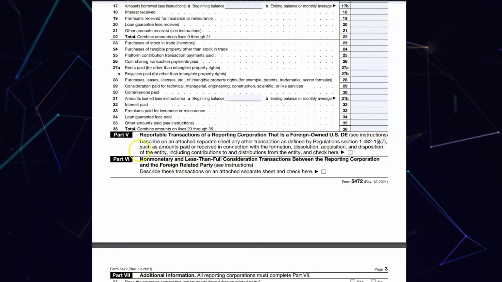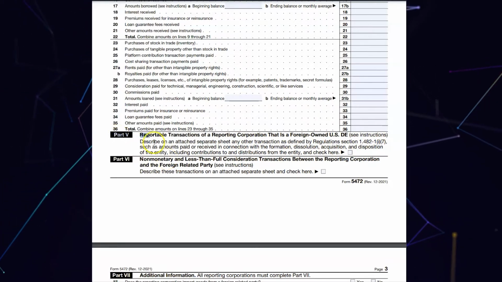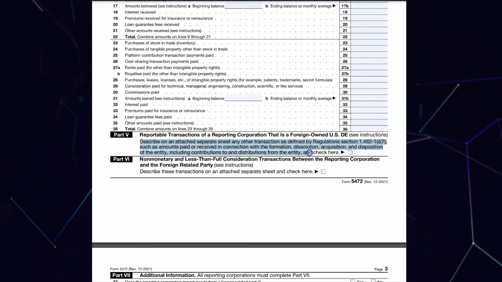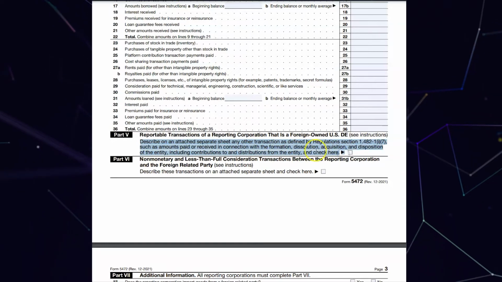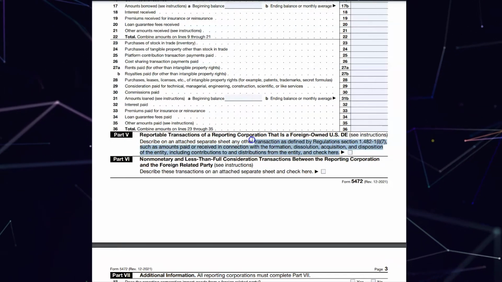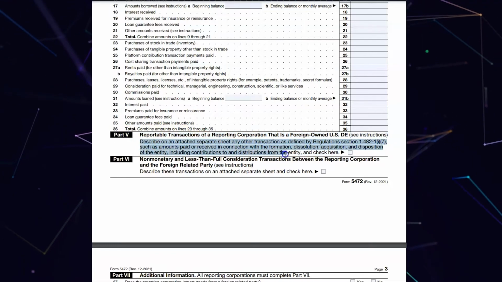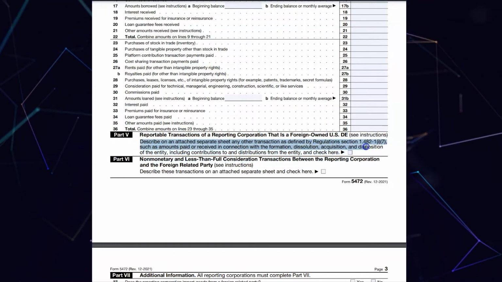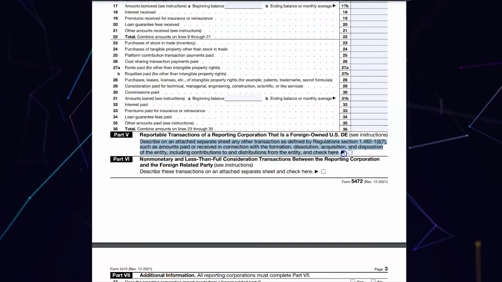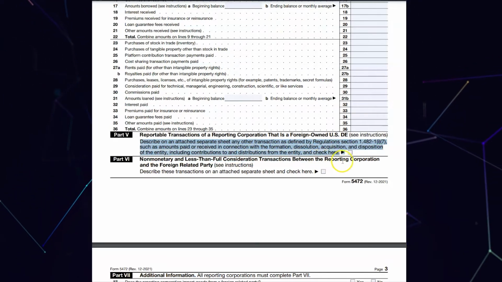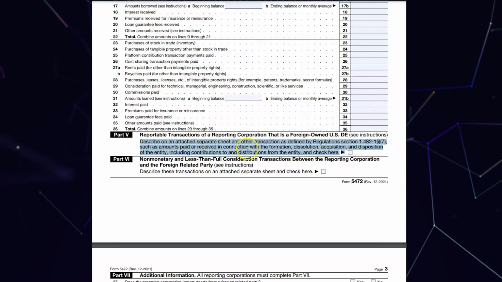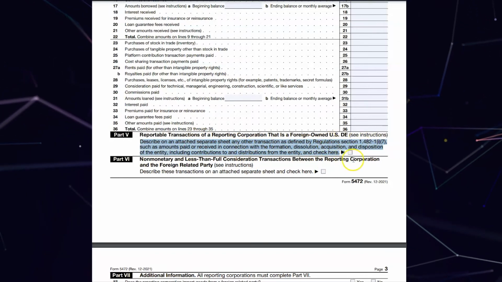Now, as you can see from this part, these transactions are very broad. So it's very difficult to have an LLC that doesn't have these transactions. This box covers a whole lot of transactions, so you need to be very, very careful when you're saying that you're exempted. Most of the time, LLCs that I have dealt with are usually not exempted.